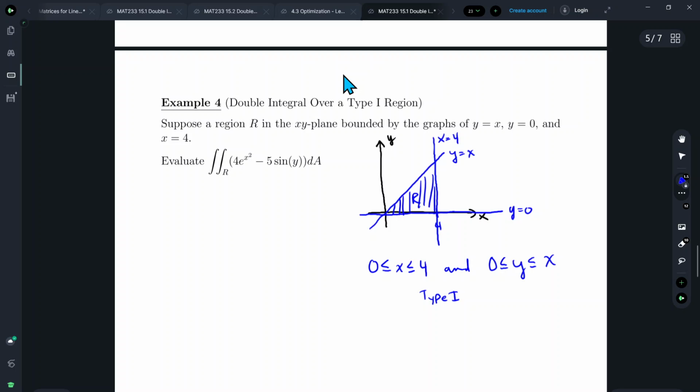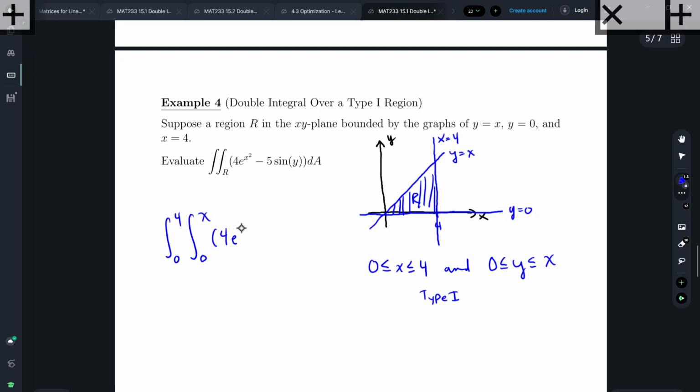And so now we can set up our double integral. So the outer integral has to be with respect to x, right? So that goes between 0 and 4, and the inner integral is with respect to y. Y goes between 0 and x. My function is just 4e to the x squared minus 5 sine of y. Again, the inner variable was y, and then the outer was x.